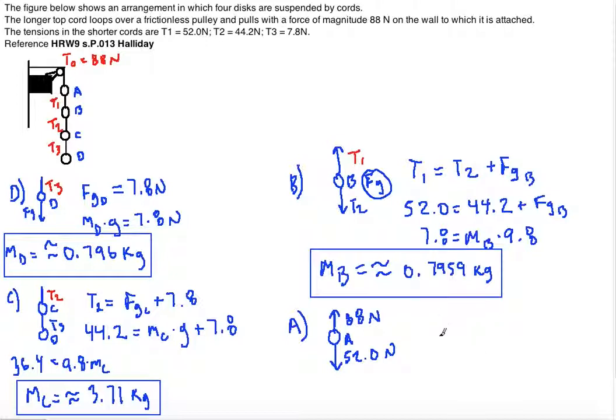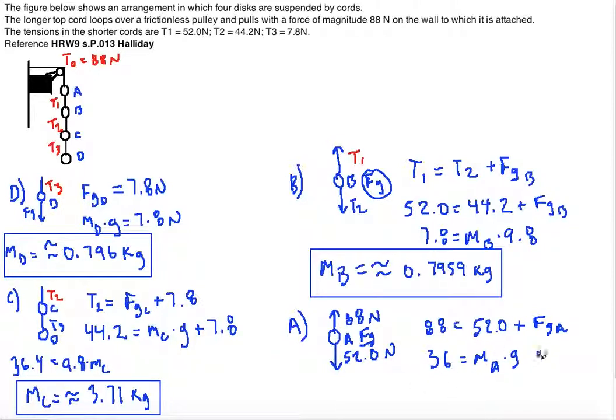We also have to consider, remember, Fg of A. So we solve this by setting 88 newtons equal to 52 newtons plus FgA, and then we get 36 is equal to the mass of A times gravity.